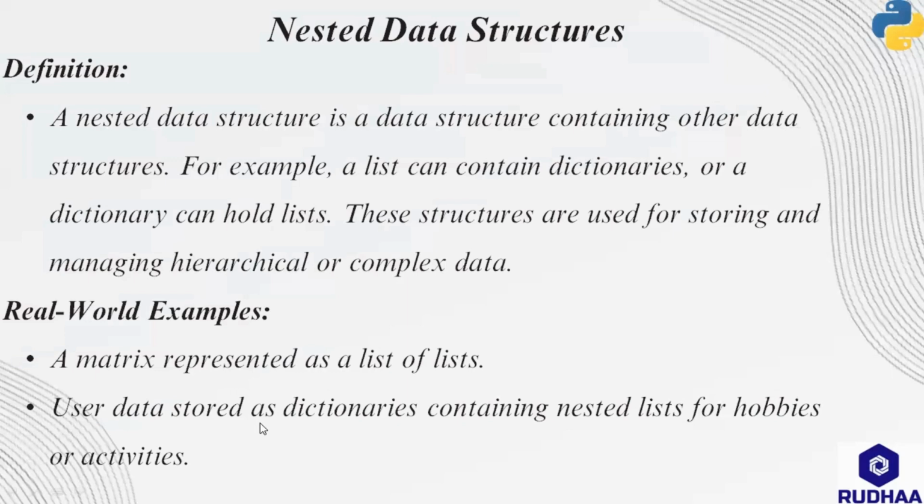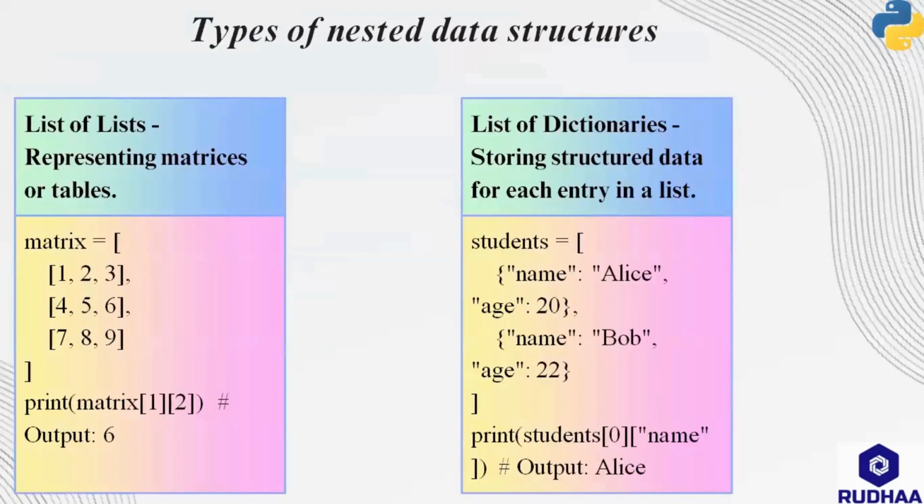In most cases, we will be using user data, employee data, and so on. These data are stored as dictionaries containing nested lists. For representing hobbies or any other activities, we will be storing a list inside a dictionary. So these are some of the real world examples.